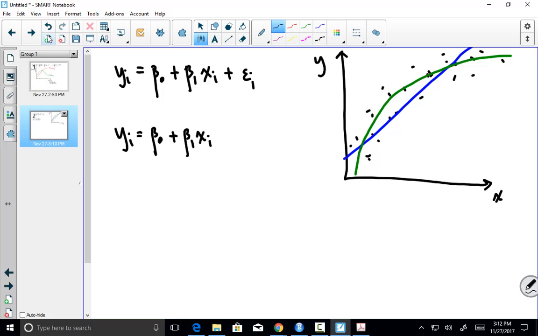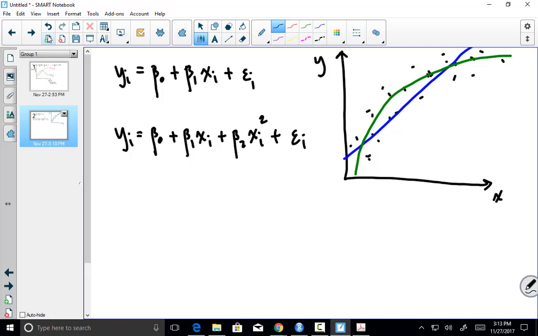So that would look like this in the case of a polynomial of order 2. That's still a linear model in the sense that it's constant times covariate plus constant times covariate, but it's not linear in x anymore because x is in a quadratic form.